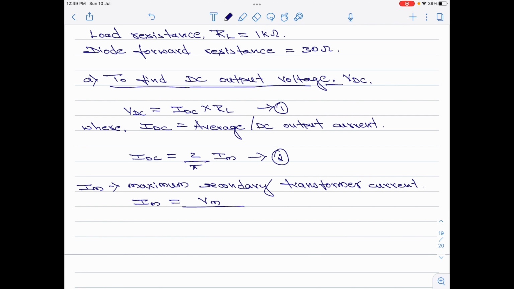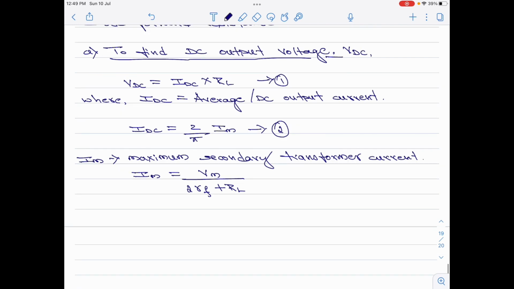But please note, this is a bridge rectifier, and in a bridge rectifier, during both the positive as well as the negative half cycles of the input supply, two diodes will be conducting. So when I write the forward resistance for the diode, I should write it as 2Rf, indicating two diodes will be conducting either in the positive or in the negative half cycle. Then we have the load resistance RL. Let me call this equation 3.